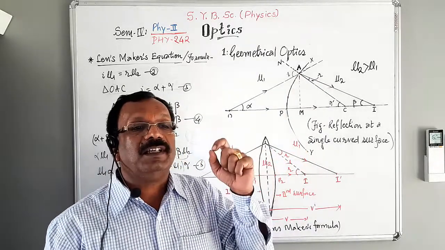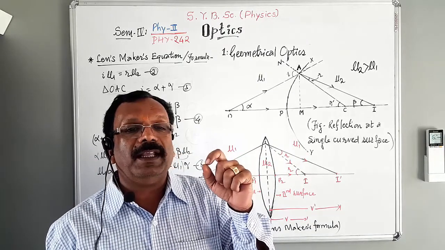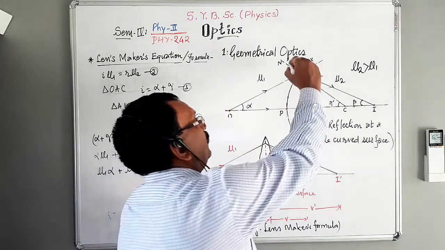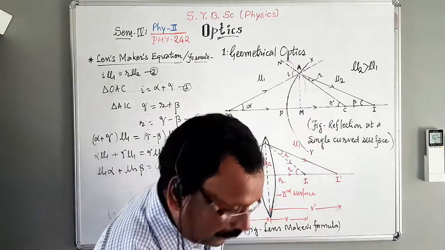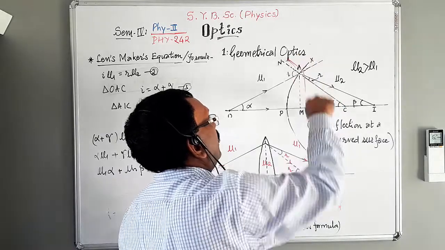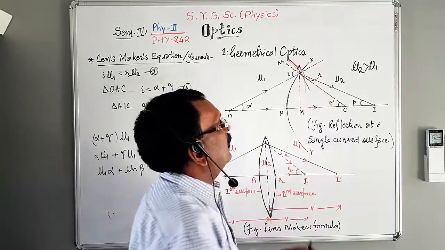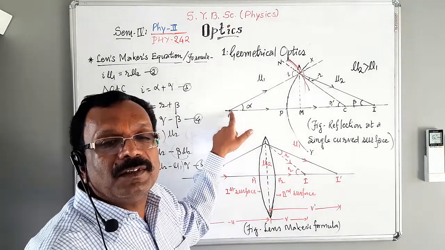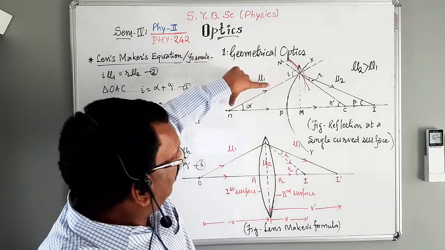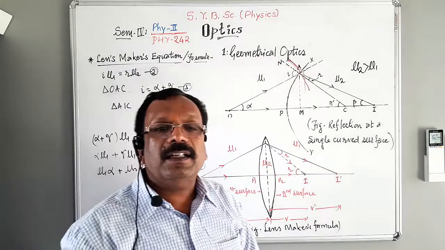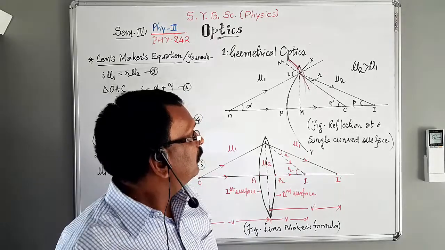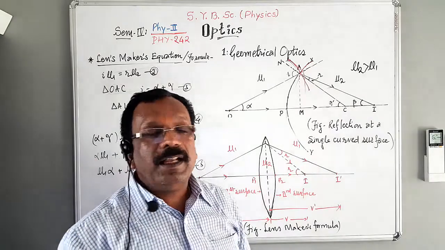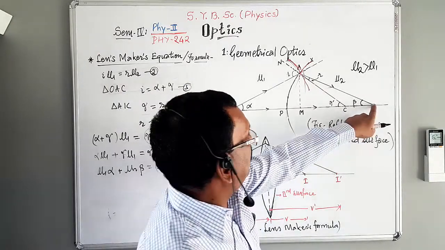Suppose this is the arc drawn by considering origin O, with radius OA. Then draw another arc by considering origin C. Again draw an arc by considering this origin.